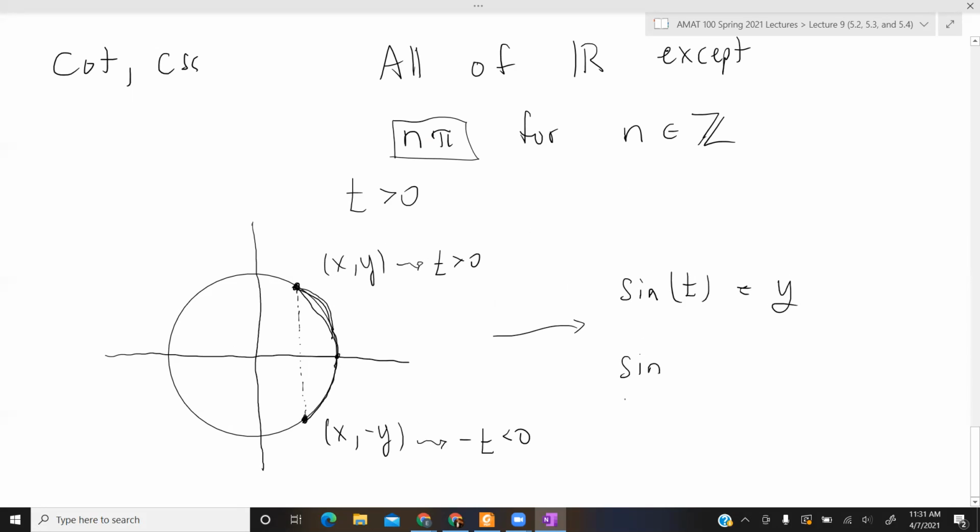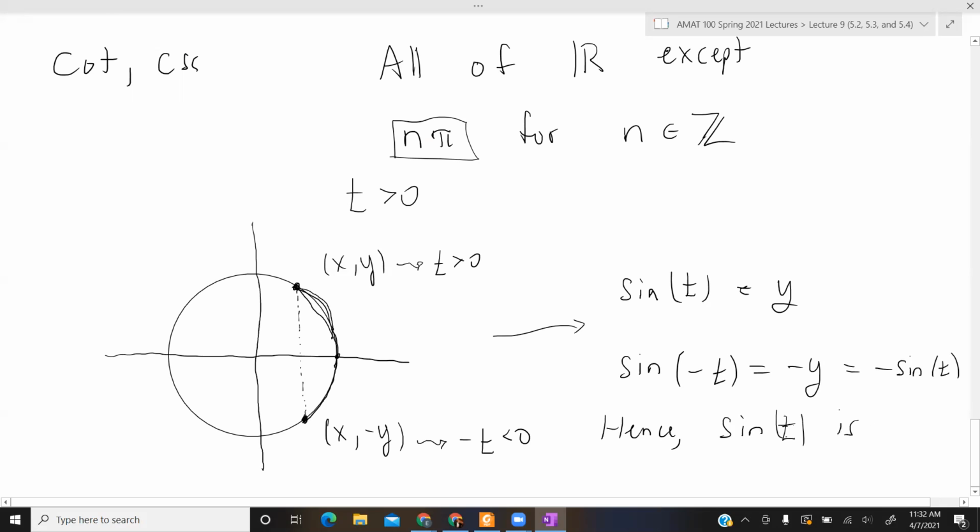But if you take sine of negative t, you get negative y, which is the same thing as negative sine of t. So sine of t is an odd function.